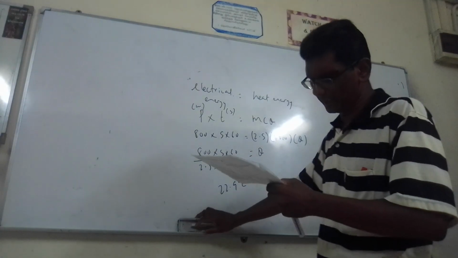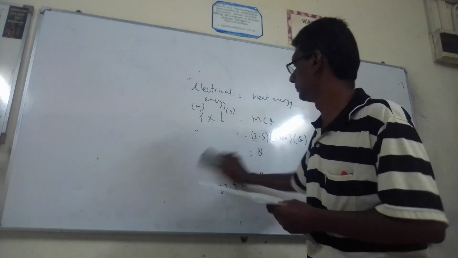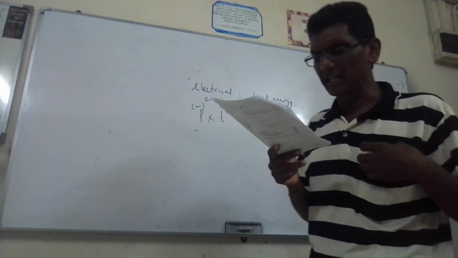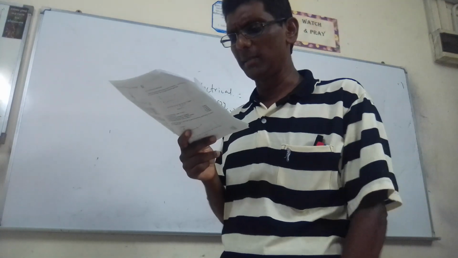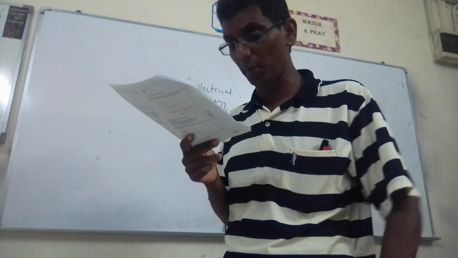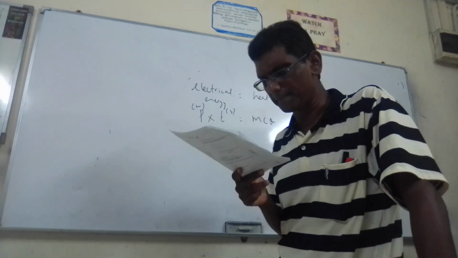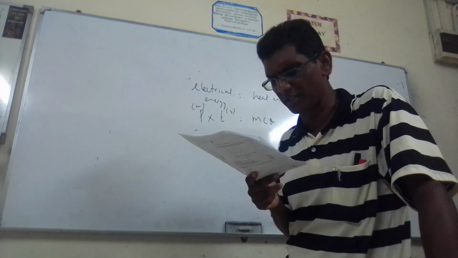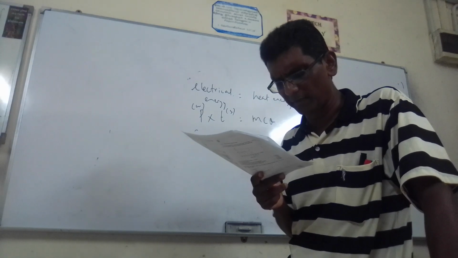Okay, next question, question number 19. An electrical heater of power 1.5 kilowatt is immersed in 3.0 kg of water for 6 minutes. Given the initial temperature of water is 28 degrees Celsius, find the final temperature.